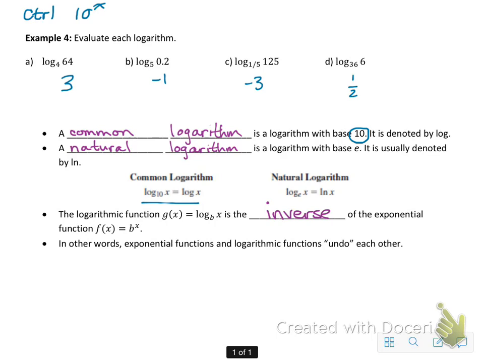Now, if you have log base e, right? We talked about base e last time. It's that special number. Well, it also has a special logarithm. It is called a natural logarithm. So if there's log base e of x, you will never see log base e of x. You will only see the natural log of x. Now, this is not in, okay?